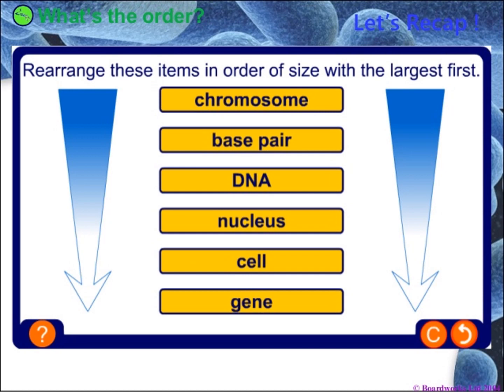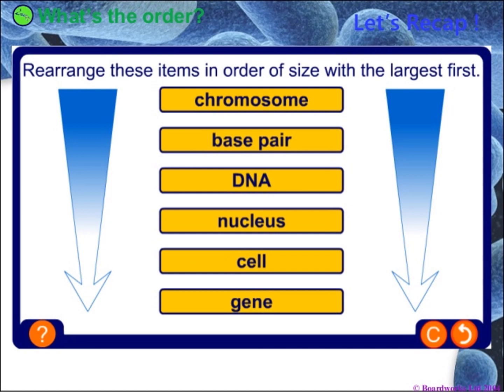Now here I have given different terms which are used in molecular biology, from genes to chromosome. Here you have to rearrange these items in order of size, the largest first. So which one is the largest? Actually, the cell is the largest one. The next one is inside the cell, the nucleus is present. Inside the nucleus, chromosomes are present, and inside the chromosome, what is present?